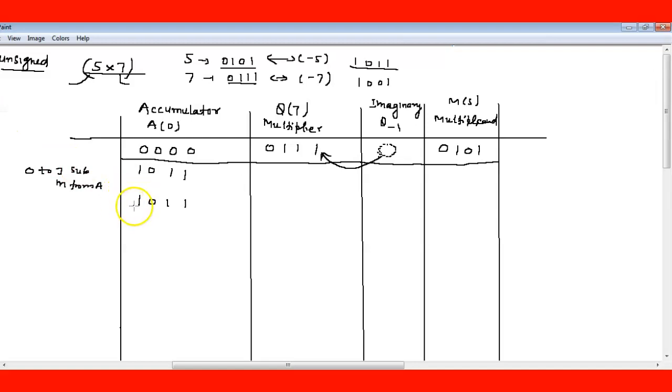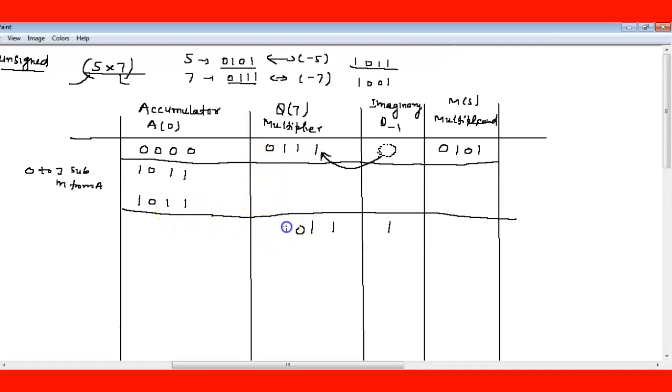After adding, you have to do the right shift. So this is the addition result we got, and you do the right shift for all the numbers. All numbers means this will come here, this will come here, like that. So now the imaginary number is replaced by 1, this is 1, this is 1, and this is 0.